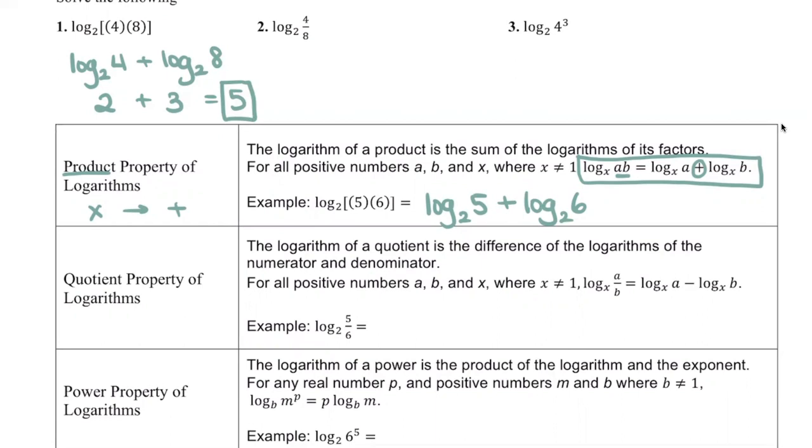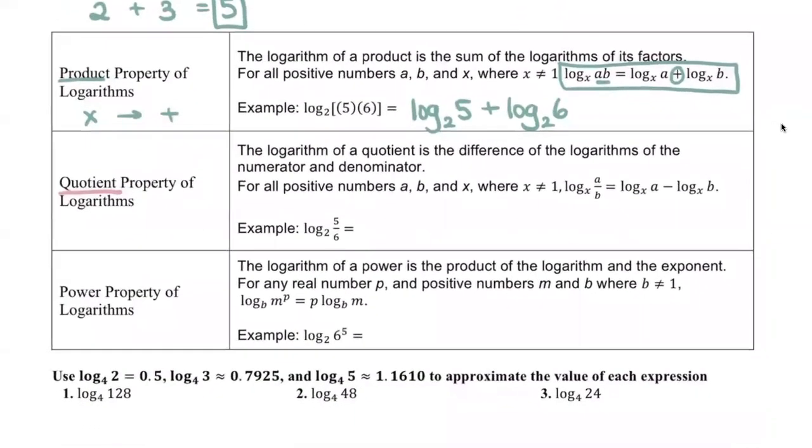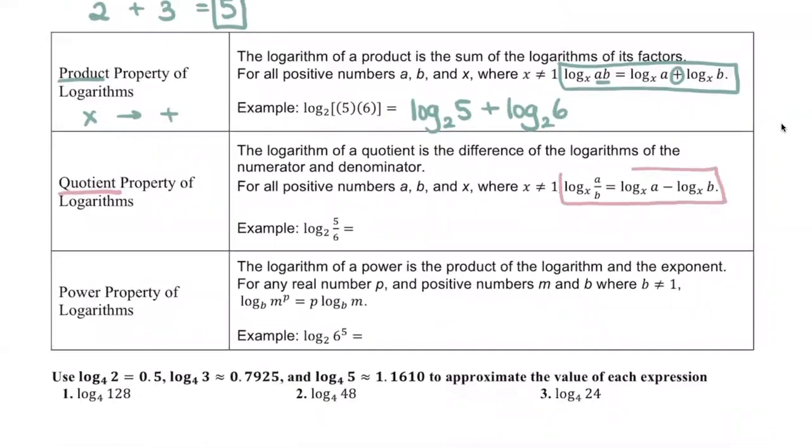Okay, let's try the quotient property. Okay, so the quotient property, this is saying that when you have a single log and you have two things being divided, you can split that up and subtract the logs. All right, you subtract the logs.